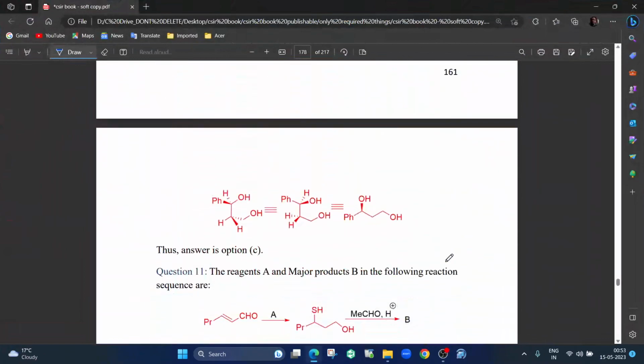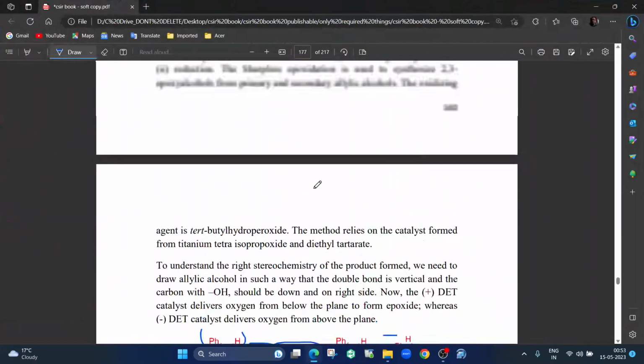And then what happens, because they wanted the product where CH2OH in the answers given is in the plane, what we are doing is we are rotating this whole thing. So I am rotating this here so that CH2OH comes in the plane, and then when you rotate this, OH has come front, this is away from the viewer, and this R comes in the plane, you're getting this. That's the answer, option number C. Okay, I'll go slowly, you can see through it.